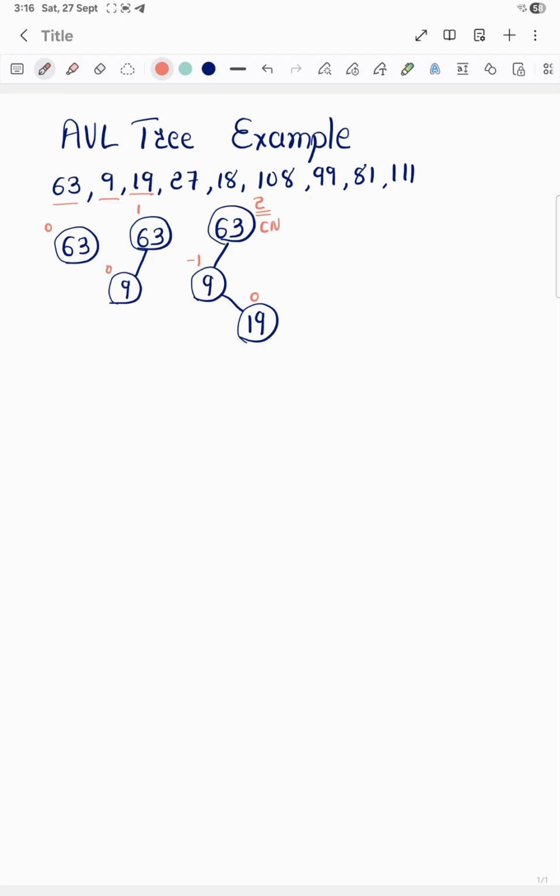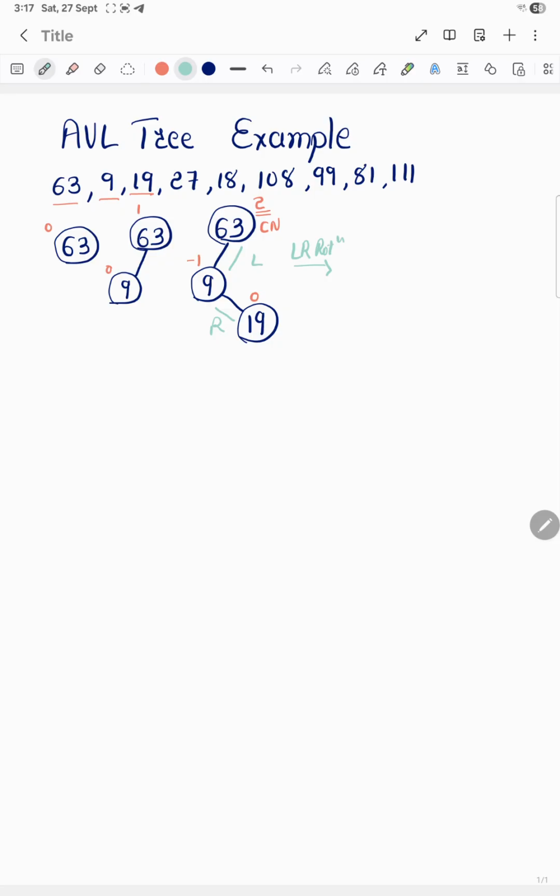As I explained, you need to check the two levels from the critical node, to see at which position the node is added. From this critical node it's left and then right, so we need to perform LR rotation.